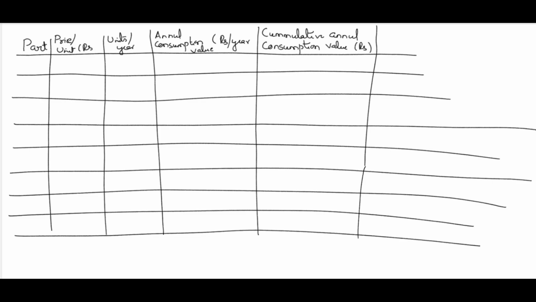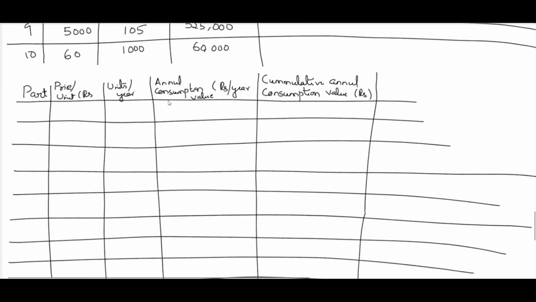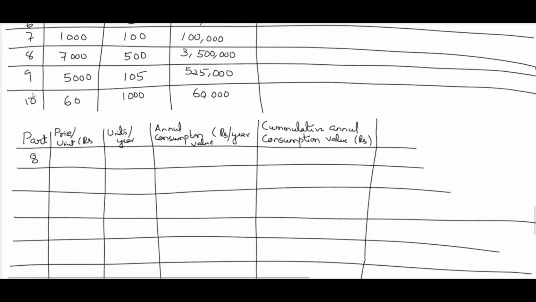Then we will divide first. The first one, part 8, has the maximum amount, which is 3,50,000. We'll just do the input: 500 units, annual consumption value 3,50,000.